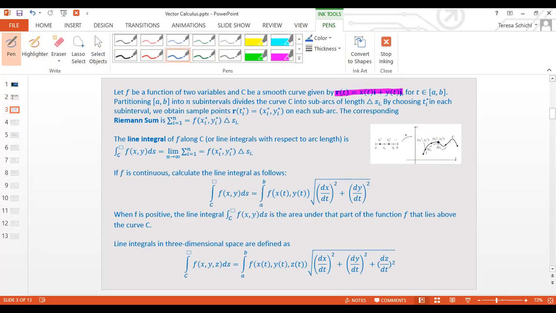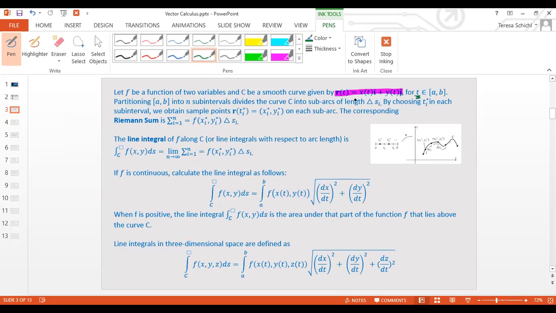So here this is your curve defined in x, y. The t is between a and b, so t varies. Every time you give a t value, you will get an x of t value and a y of t value. That's how you define these curves.